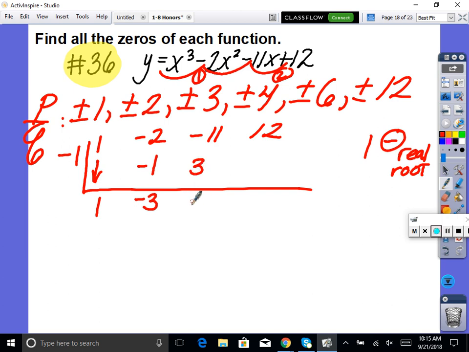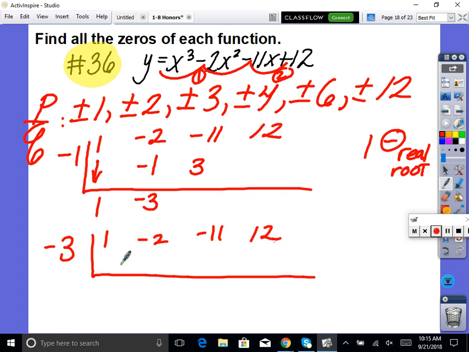That one doesn't work either. It's -3? Okay, awesome. Perfect. Okay, we just found it.